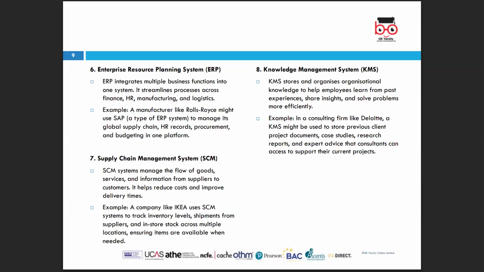For example, in a consulting firm like Deloitte, a knowledge management system might be used to store previous client project documentation, case studies, research reports, and expert advice that consultants can access to support their current project.